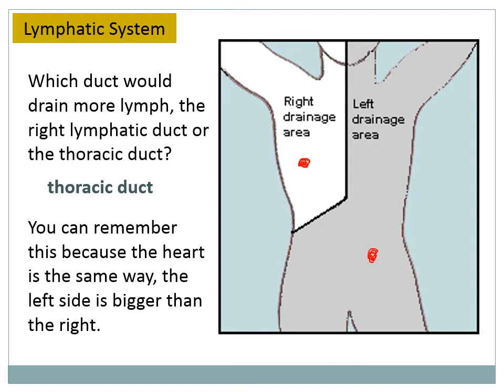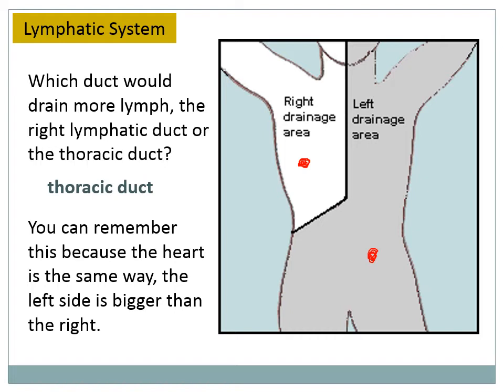Your thoracic duct does a lot more work than your right lymphatic duct, like a ton more. You can remember this because it's the same way in the heart. Your right side of your heart doesn't work as hard as the left side of your heart.